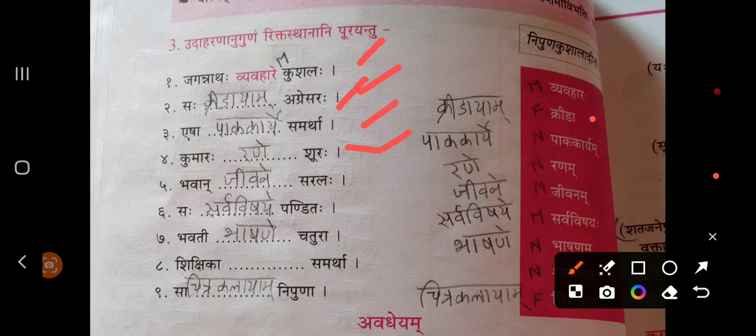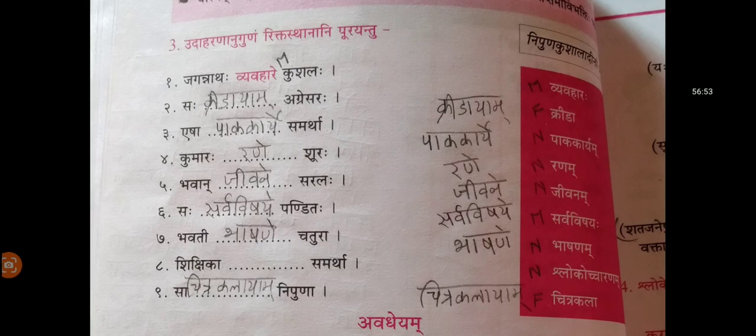Agrasthanam means topper. So Agresaraha, we use in the exam, or sports, or dance, or music. He is the topper. But Shuraha means he is the best. He is the best in fight. We can't say he is the topper in the fight. Right? So like this you need to do the analysis.